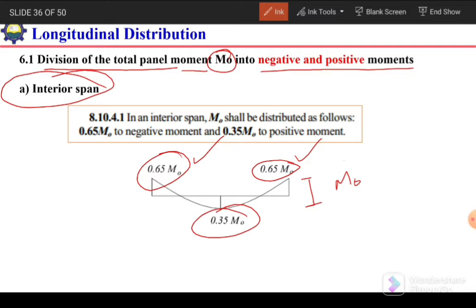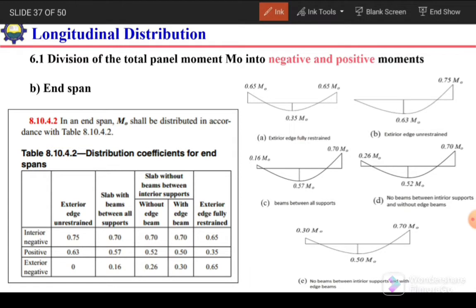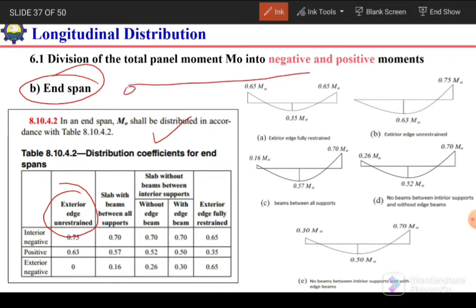For exterior span, this scenario will be different. It will be based on the end condition. So for end span, we can select this negative moment based on this table. So, exterior edge unrestrained. If the exterior edge of the beam, for example, this is the frame and this exterior edge is unrestrained.